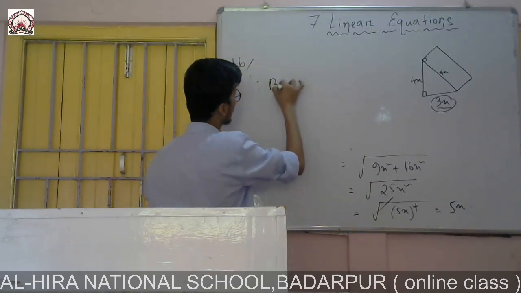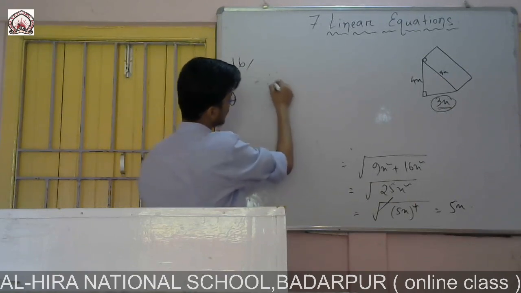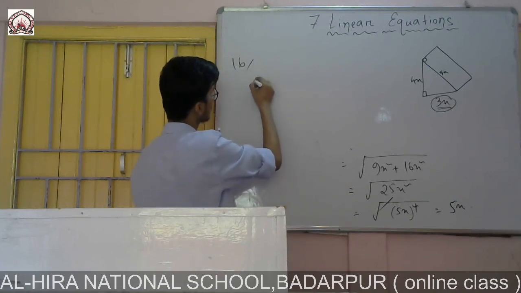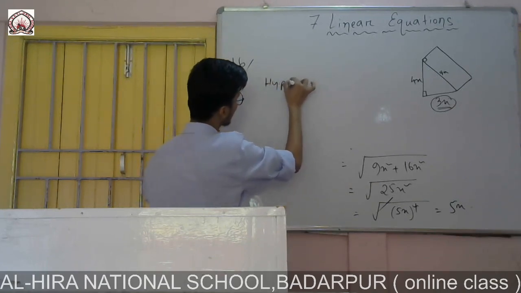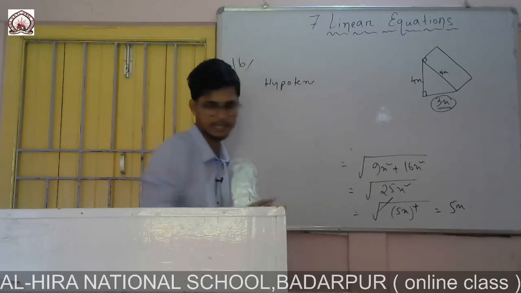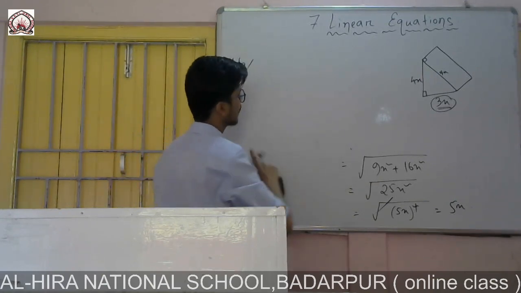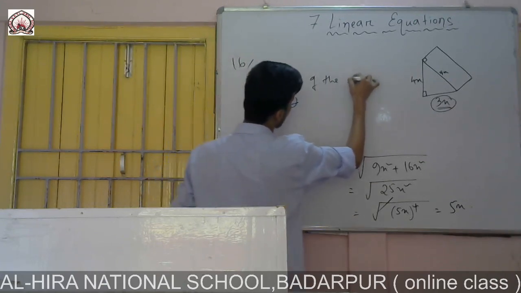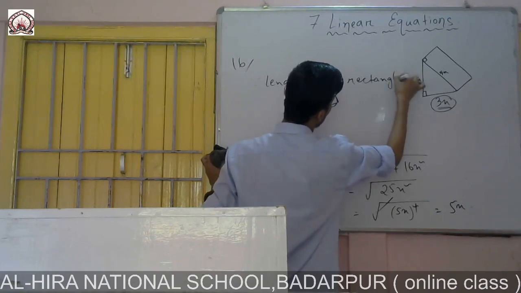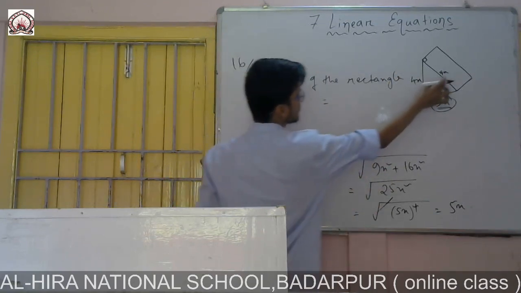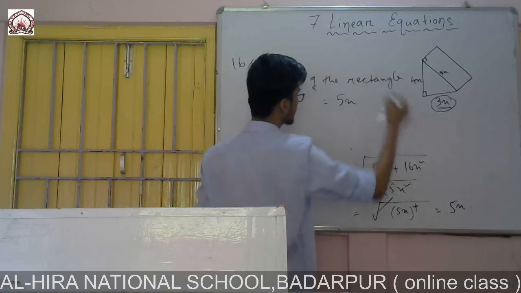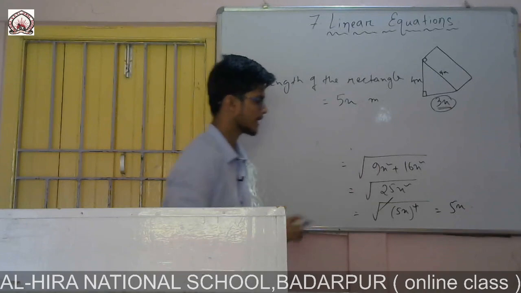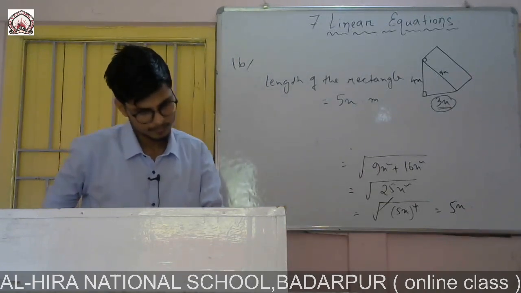Therefore, the length of the rectangle is equal to the hypotenuse, so I can write it directly as 5x.